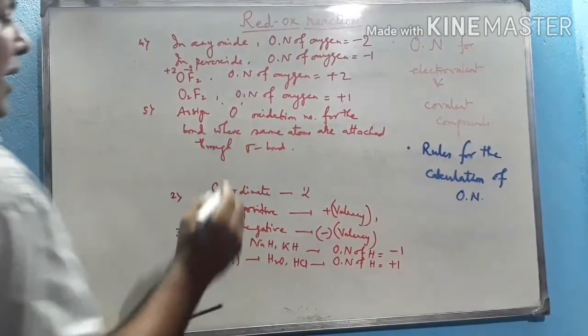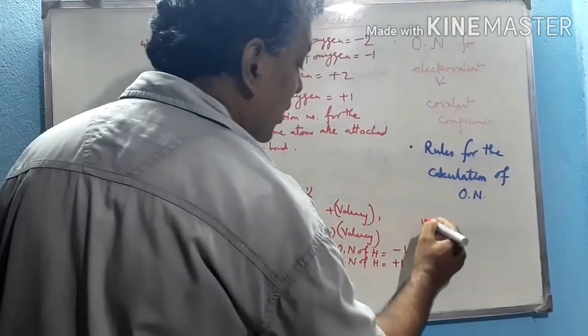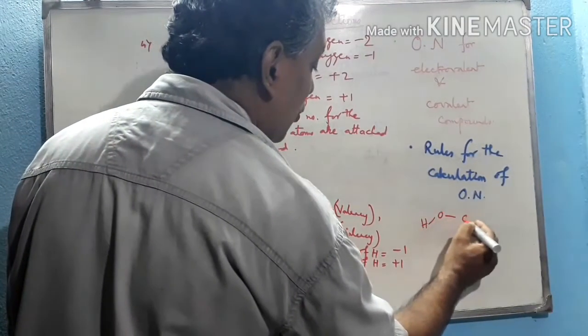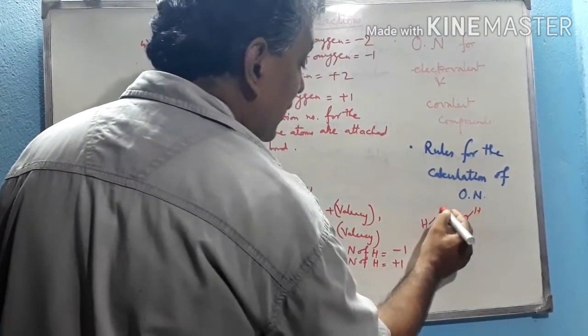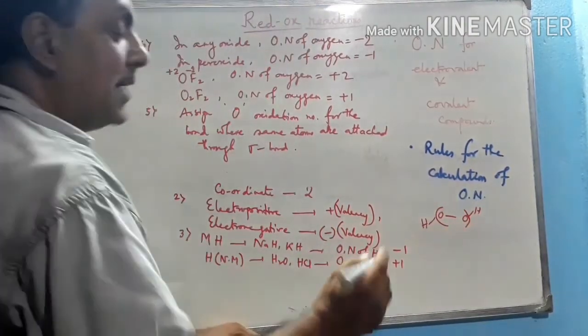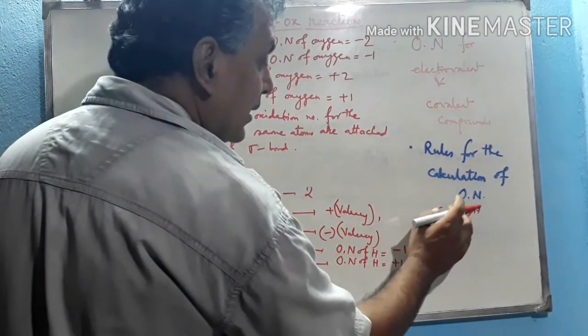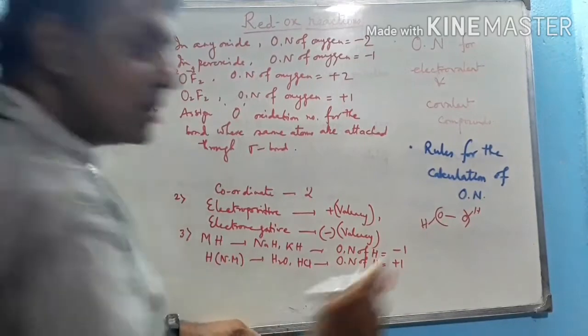Like in case of hydrogen peroxide, suppose this is the structure of hydrogen peroxide, HOOH. Here the two oxygen atoms, the same atom, are attached through a sigma bond. That's why the oxidation number for this bond is 0.